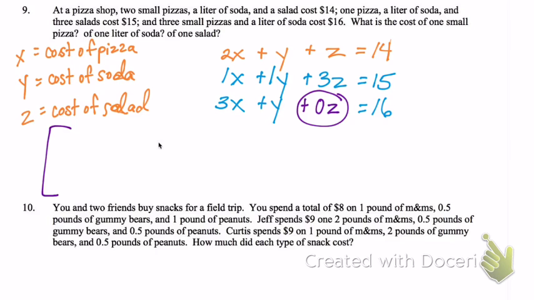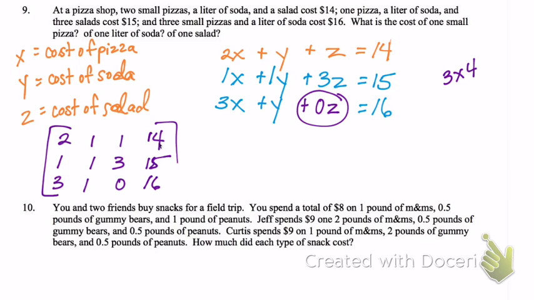So what is the dimension of my matrix? It's going to be a what? A 3 by 4, where I have 2, 1, 1, 14, 1, 1, 3, 15, and 3, 1, 0, 16. Remember that it always goes X, Y, Z number.